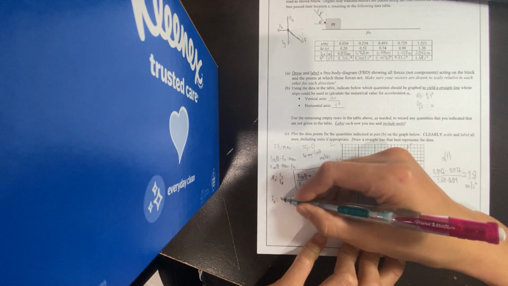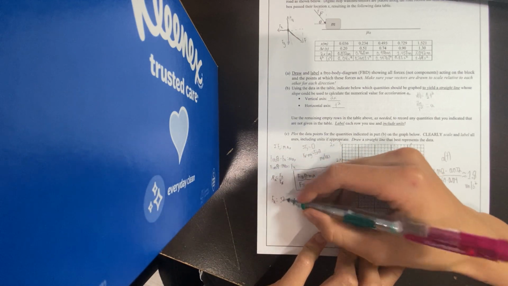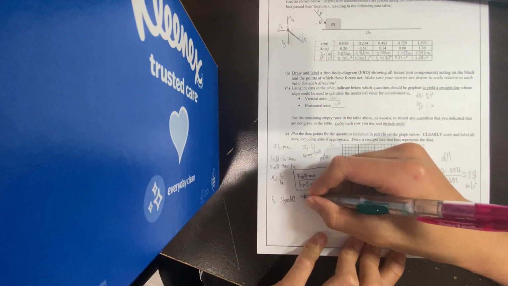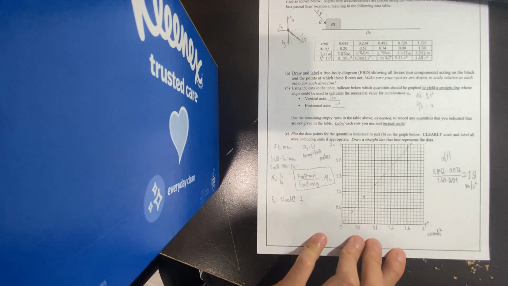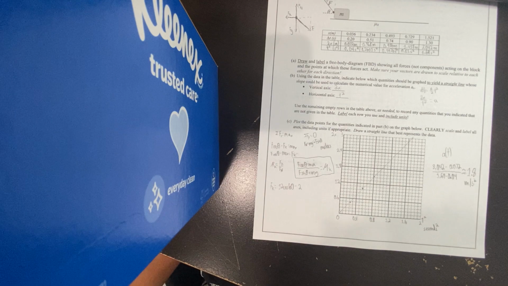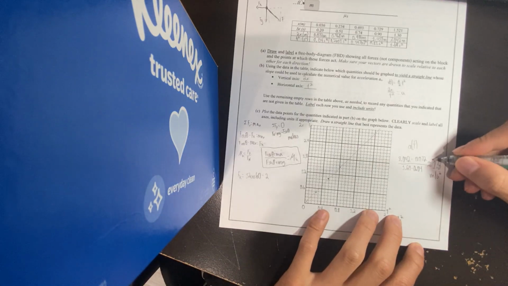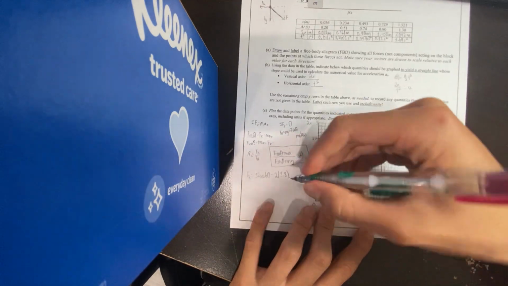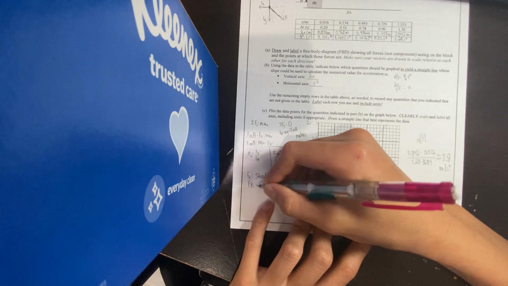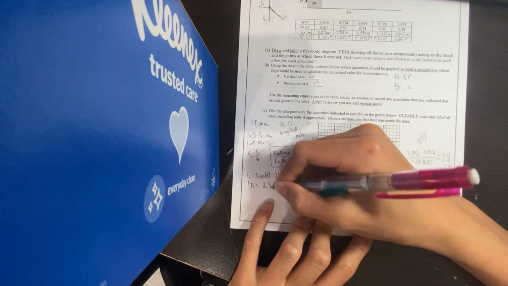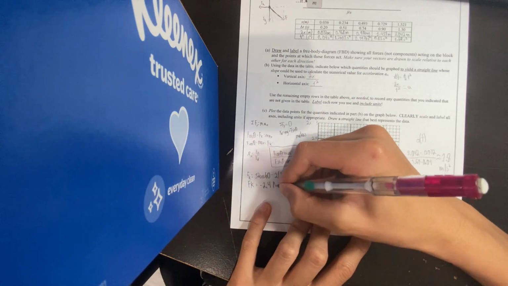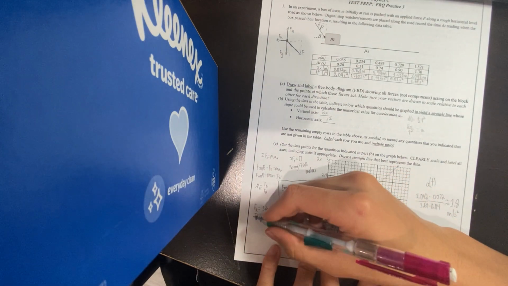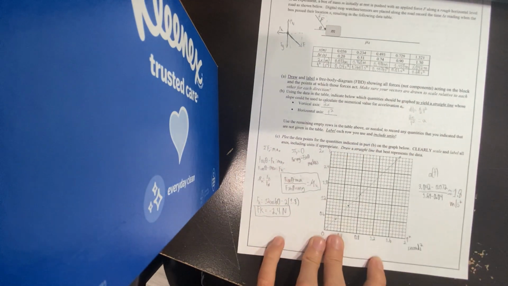And since that force is 12 newtons, we have cosine of theta is 60 minus the mass times the acceleration. And this is where we have to use the experimental one right here. It's going to be 1.8. And when we plug all that in, we're going to have Fk is equal to negative 2.4, because it's going against the line of motion, so take that as negative. That's going to be our Fk.